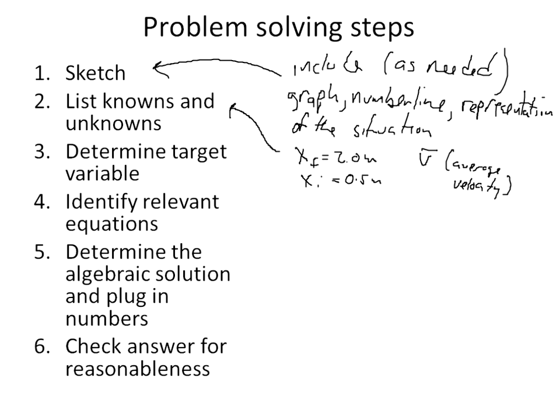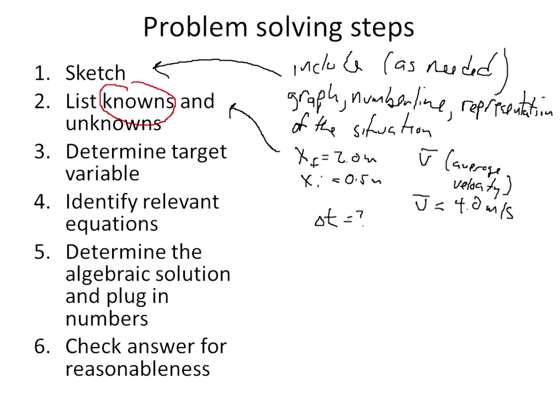That little bar on the top indicates average velocity, and we'll talk more about this at a later time. Let's say that you know that the average velocity is equal to 4 meters per second, but you don't know what this is.